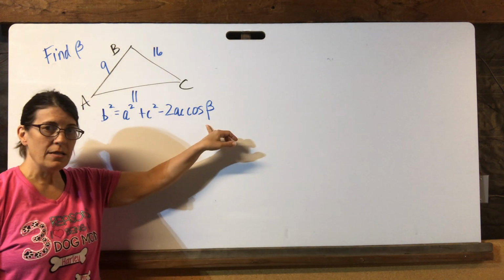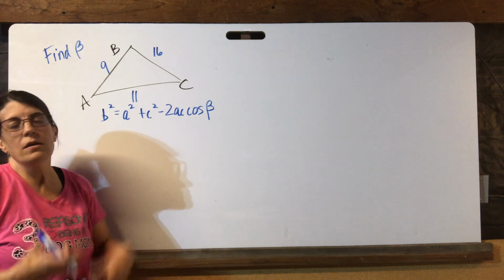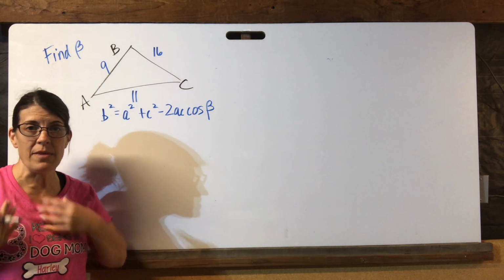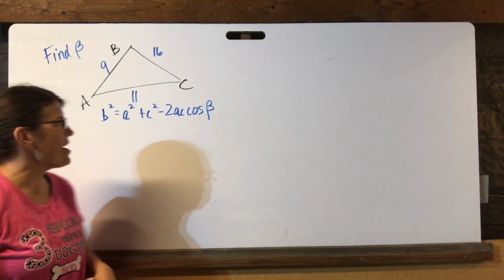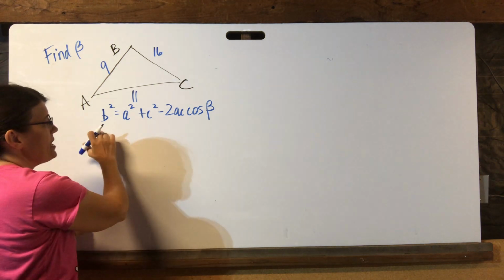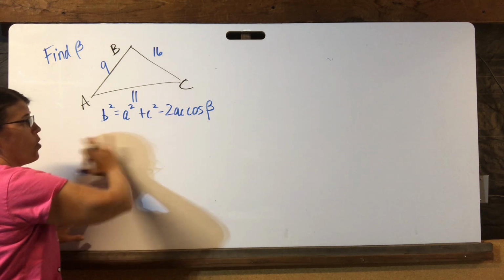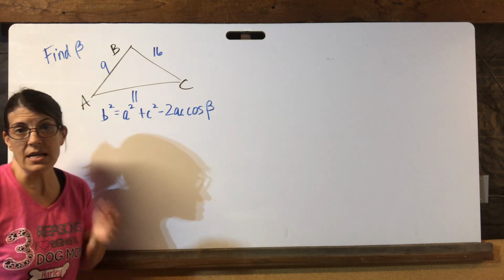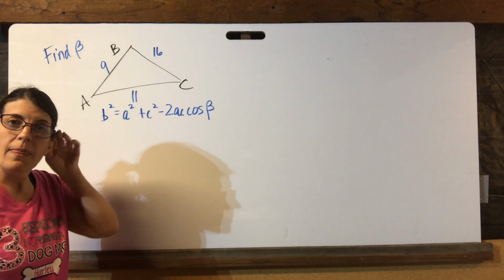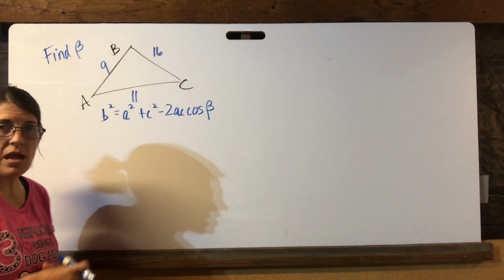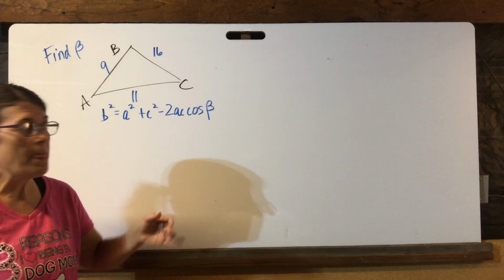And remember, beta is the measure of angle B. You're going to see it written like that most of the time, but I like to use the Greek because it makes us feel much smarter. All right, here we go. I know B, I know A, I know C. The only unknown is beta, which means I can solve for it. Okay. We're going to do a derivation of how you solve for angle B, beta.